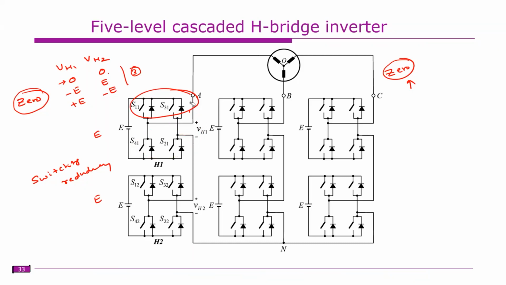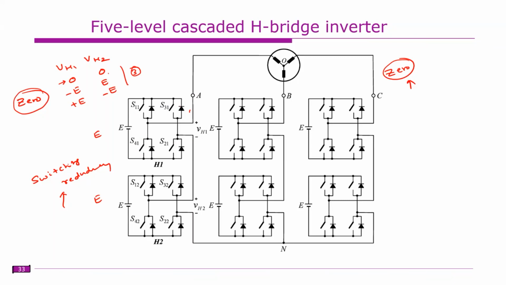So these switching redundancies help in equalizing the utilization of each switch, or the conduction period of each switch.